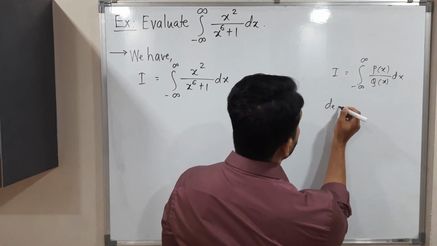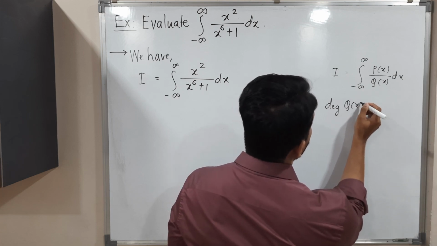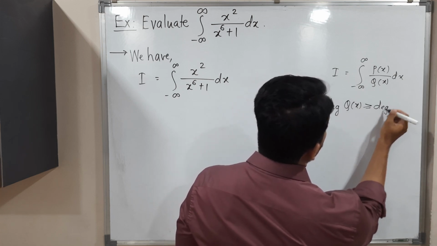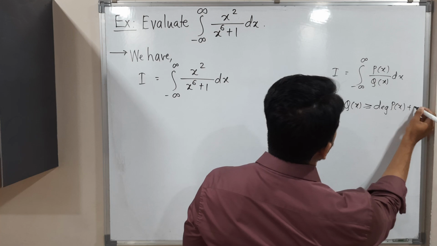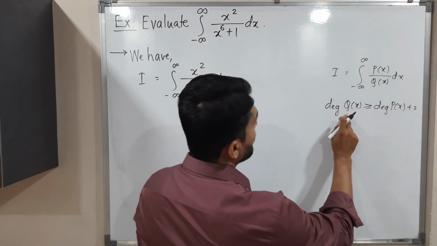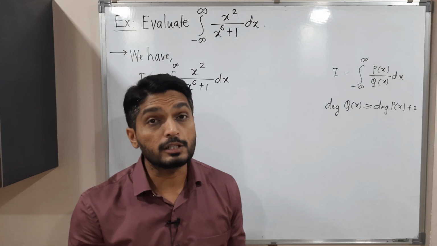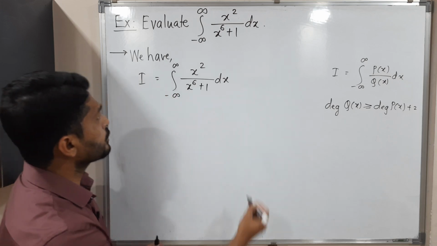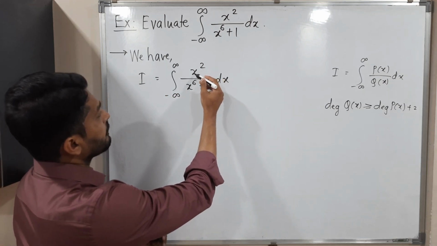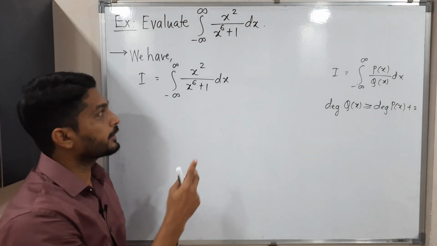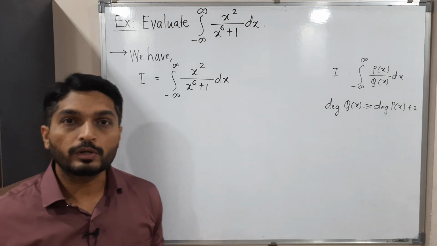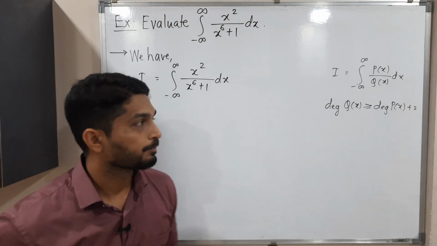So the condition is degree of q of x is greater than or equal to degree of p of x plus 2. So degree of q of x must be greater than degree of p of x at least by 2. Here also you can easily see the degree of the numerator is 2 and the degree of the denominator is 6. So definitely we can apply this method.